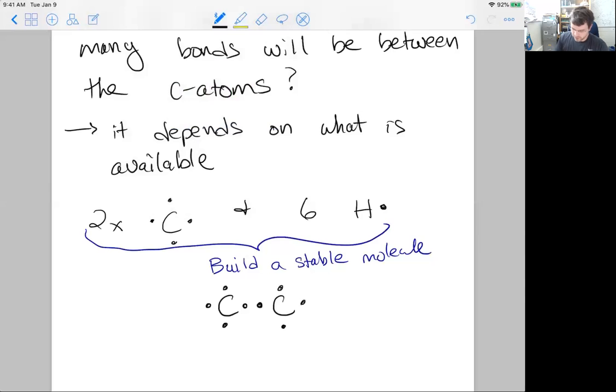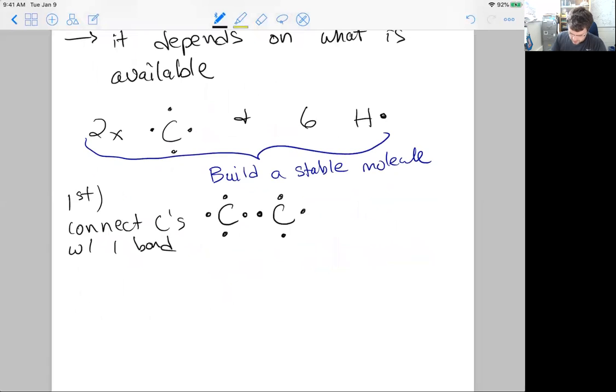That's what I like to do first. So first, connect the C's with 1 bond. We'll start with a single bond, not get too ambitious. Second, we see how many atoms are left for bonding.